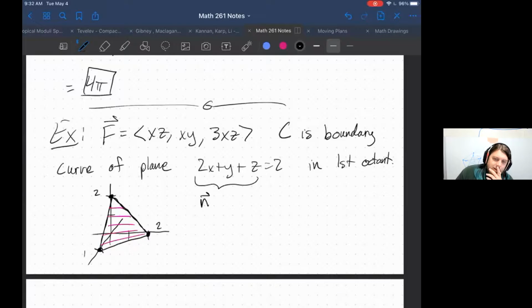I'm worried about whether this is the correct magnitude of the vector. Even if we pick this as our n vector, first of all this isn't a unit normal vector. And if this was our actual n vector, then we would still need to multiply by the magnitude of the cross product.